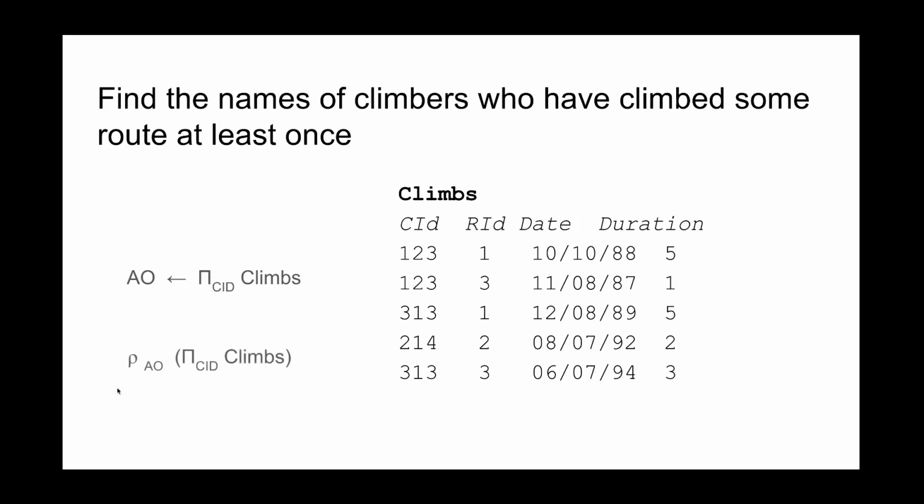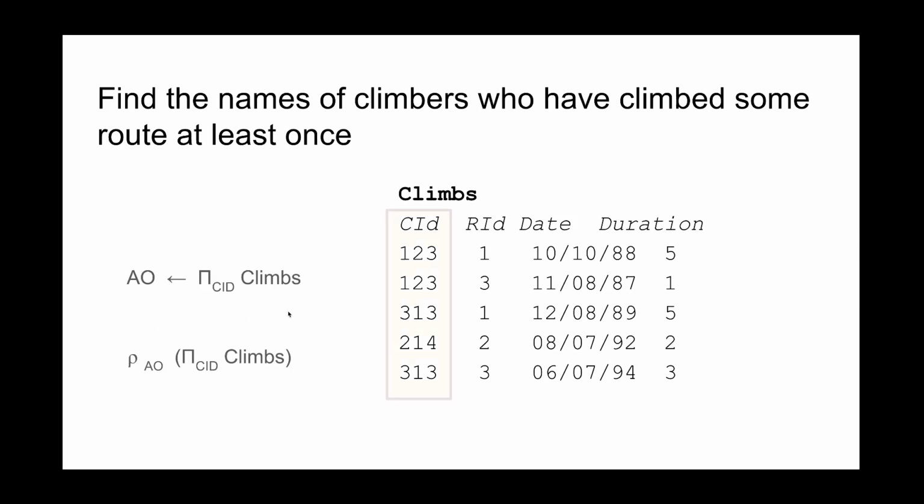This is the same using the rename formula that renames to A0 this relation that is here, that is the projection of climber ID on climbs. These both are equivalent and it's the same.